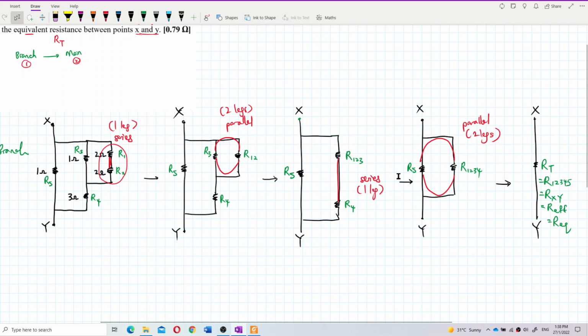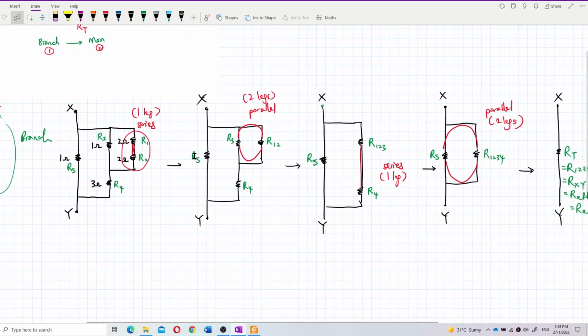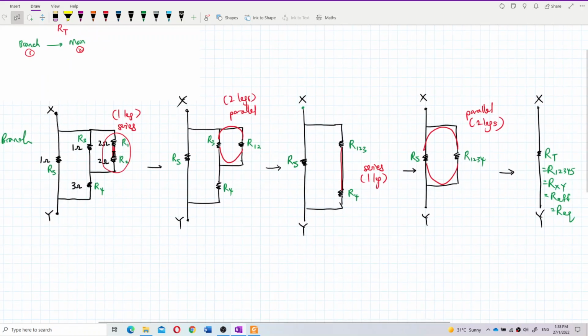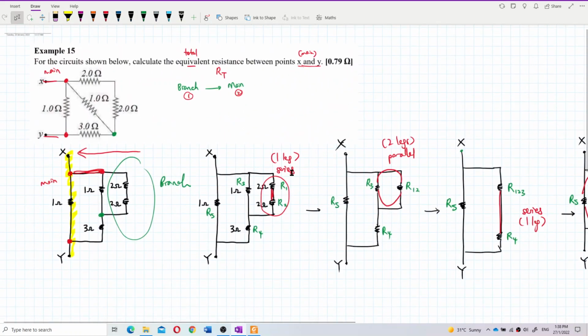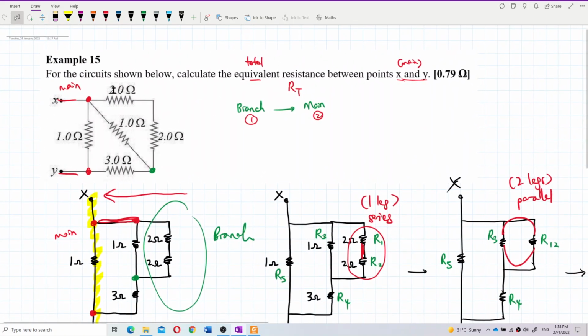Okay, now let's do step by step. I have the values here: R1, R2, R3, R4, R5 are 2 ohm, 2 ohm, 1 ohm, 3 ohm, 1 ohm. We're going to use values from here and solve the rest. Actually, if you are expert, you need not draw all the diagram. You can just look at the diagram and see that you work from the branch first.